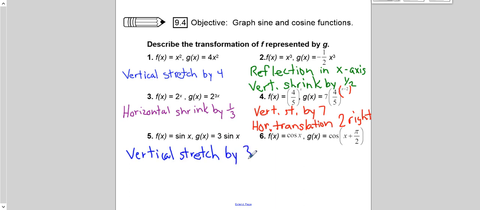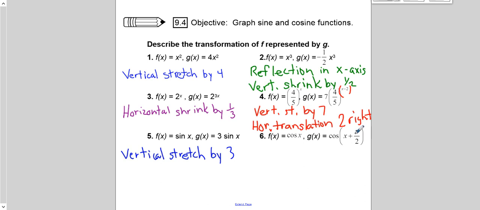Take a look at number 6. Cosine of x, compare that with cosine of x plus pi over 2. When we subtracted 2 from x, it went to the right.